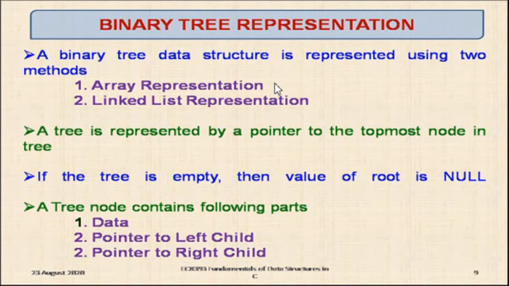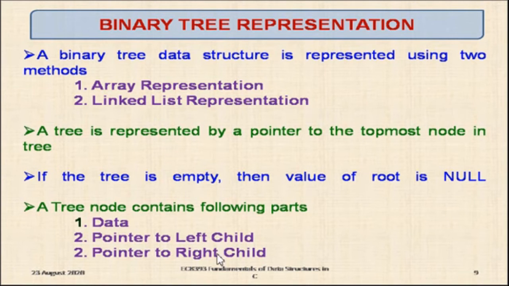Then coming to the different ways of representation of a binary tree in the data structure, we have two types of representations: array representation and linked list representation. Okay, a tree is represented by a pointer to the topmost node in the tree. So what is a pointer? It is nothing but an unsigned integer, or it's a memory address.